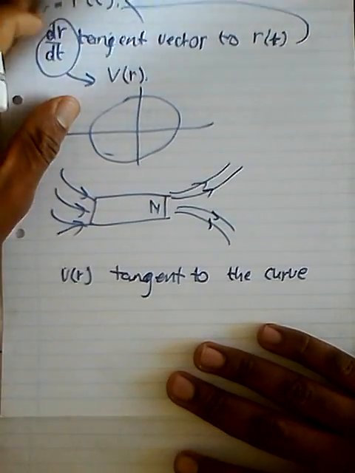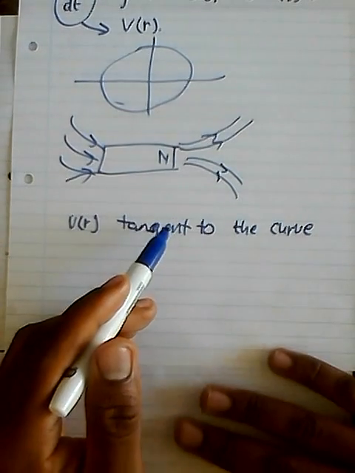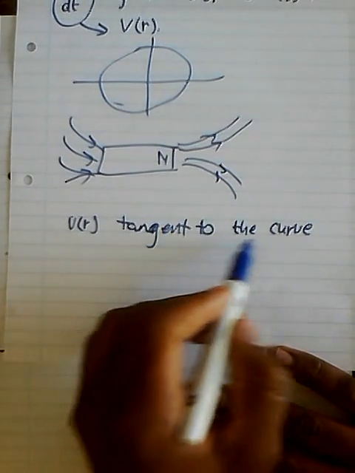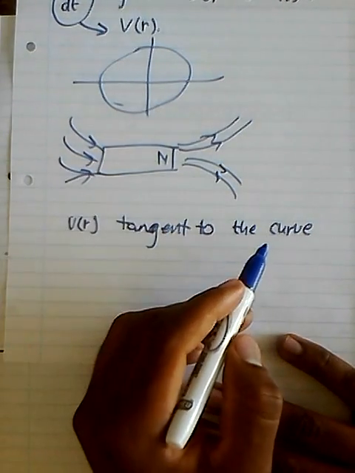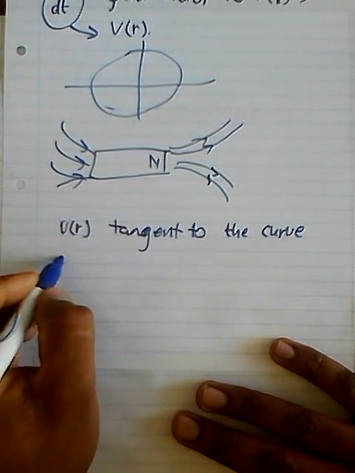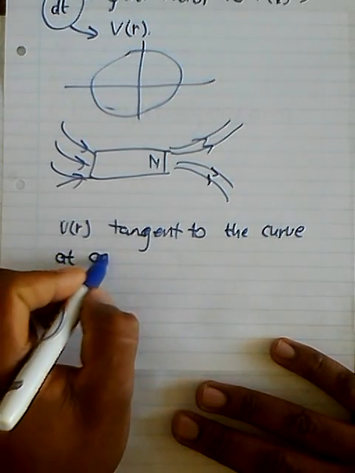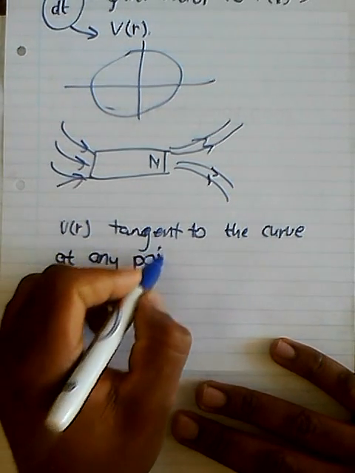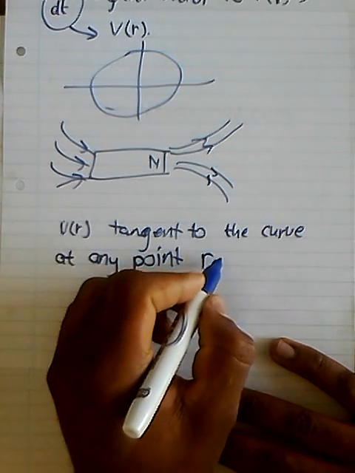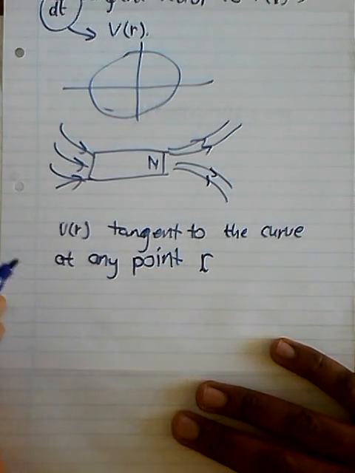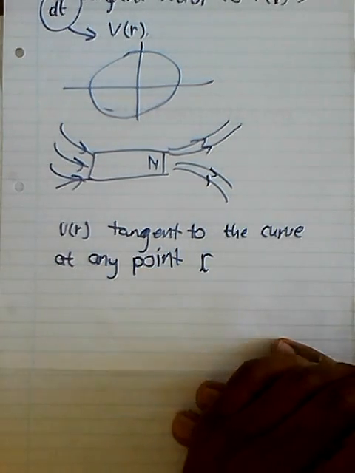So we say that we fill the region with a curve such that this vector is tangent to the curve r of t at any point r. So this is what we actually do.